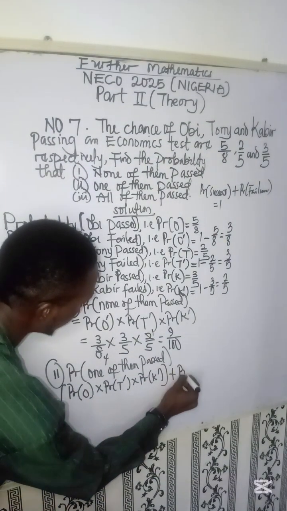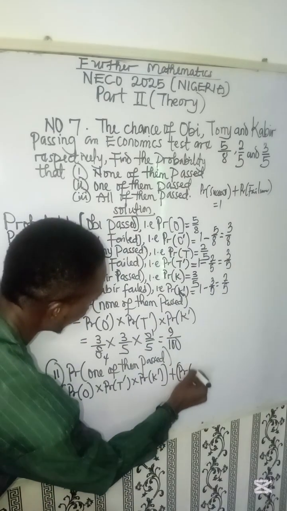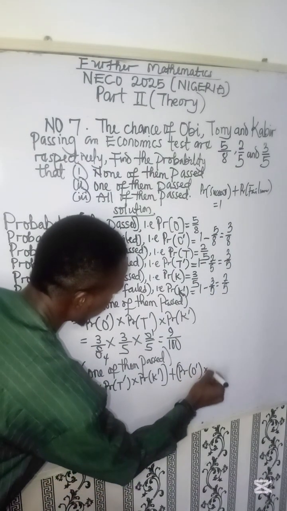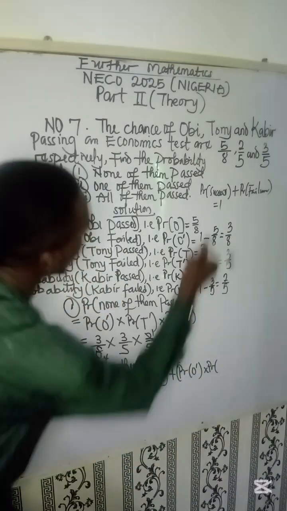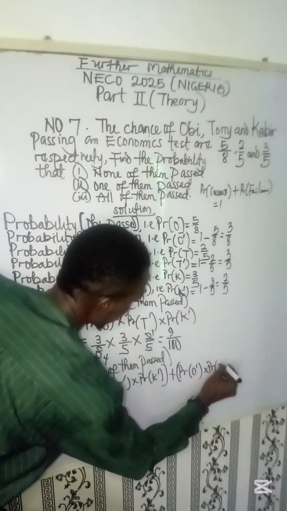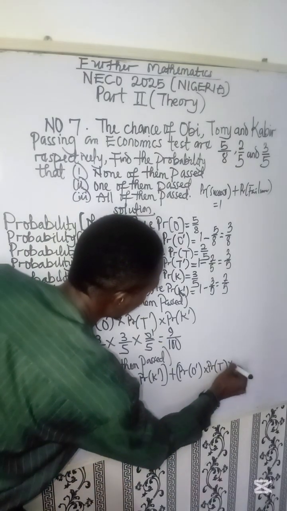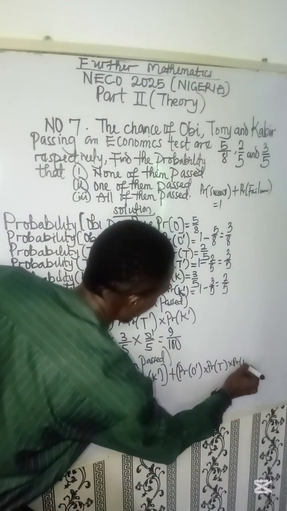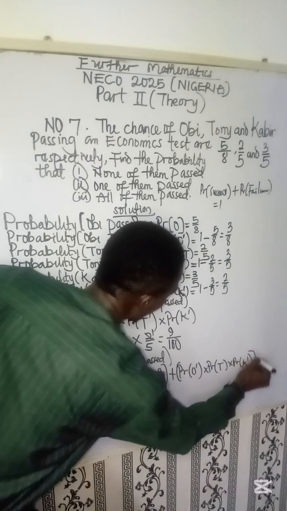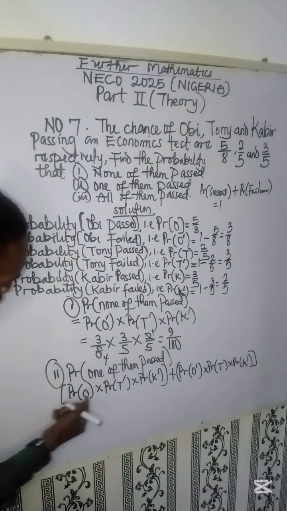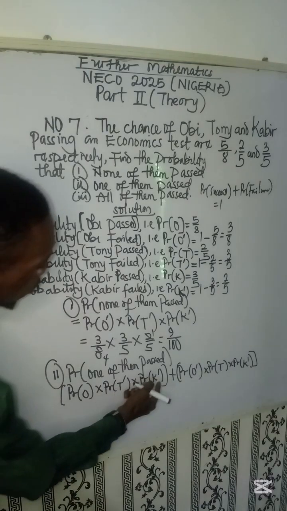Or the probability that Obi fails times the probability that now it is Tony that passes, times the probability that Kebir fails. What I'm doing is that only one of them must pass. So here, Obi passes, Tony fails, Kebir fails.